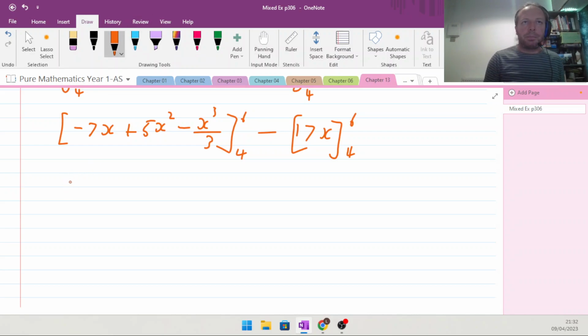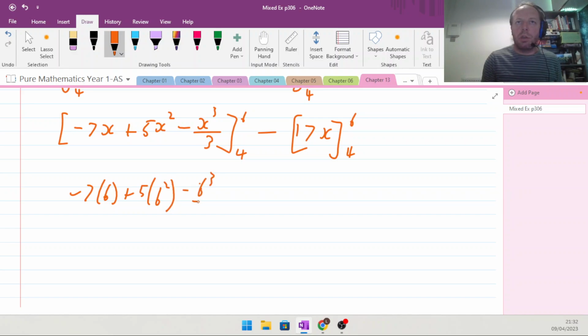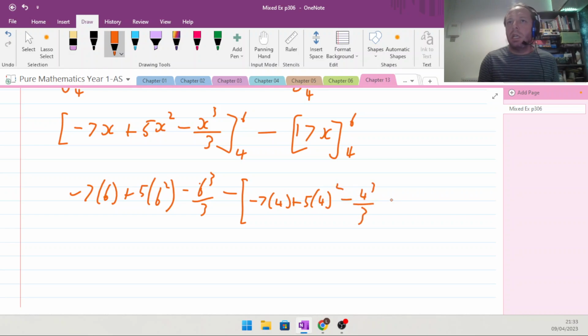Minus 7 times 6 plus 5 times 6 squared, minus 6 cubed over 3, take away minus 7 times 4 plus 5 times 4 squared, minus 4 cubed over 3, take away 17 times 6 minus 17 times 4.